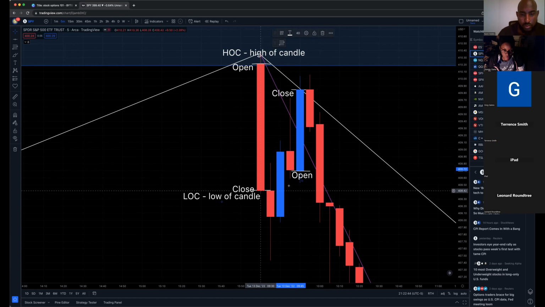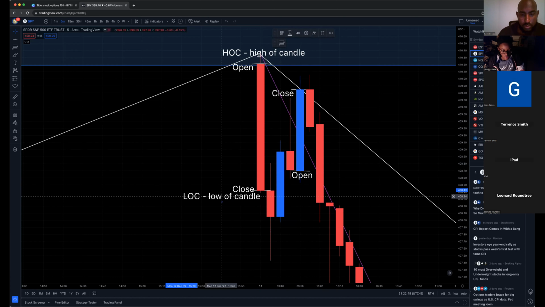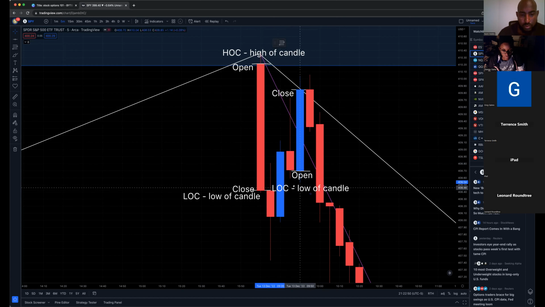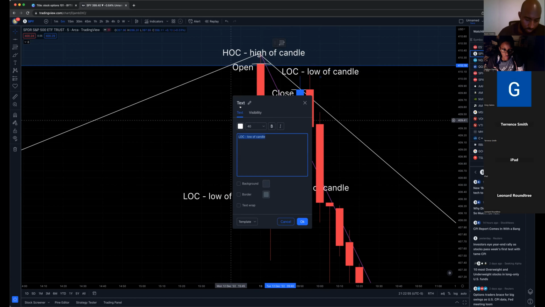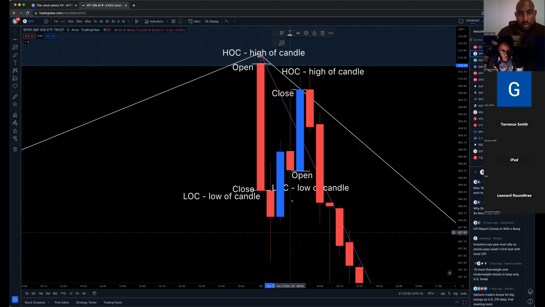Okay, it's a complete opposite. Then obviously the wicks are the same. So you still got LOC under here, and you got HOC under there. And that's just showing how high and how low price went for that specific candle. Does that make sense to our beginners here?